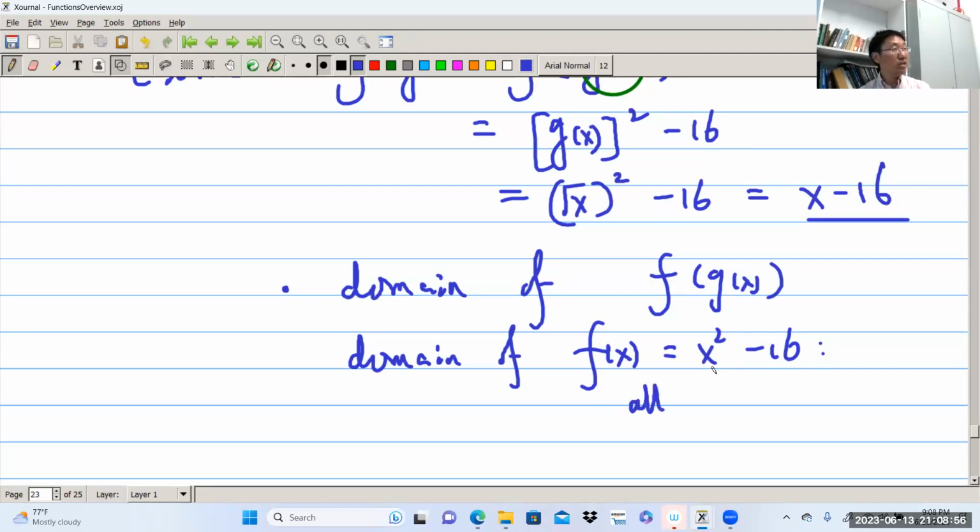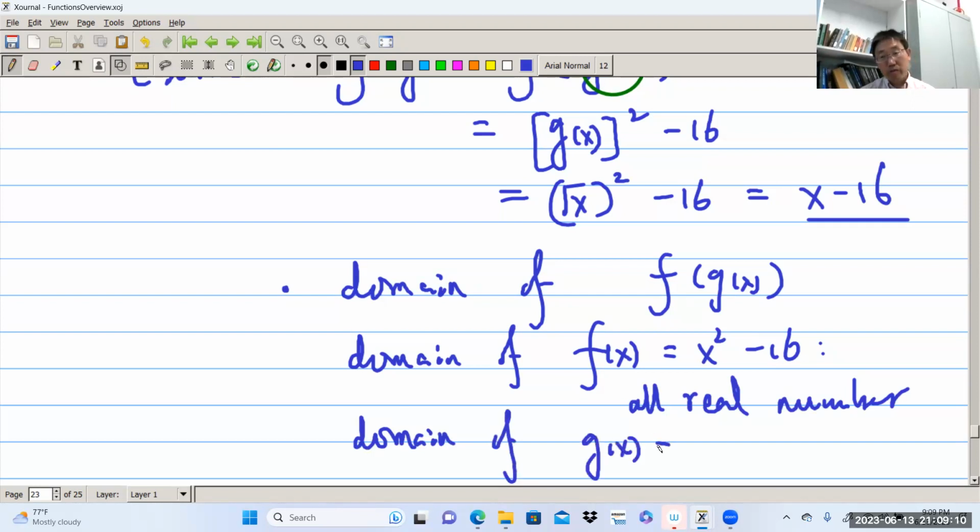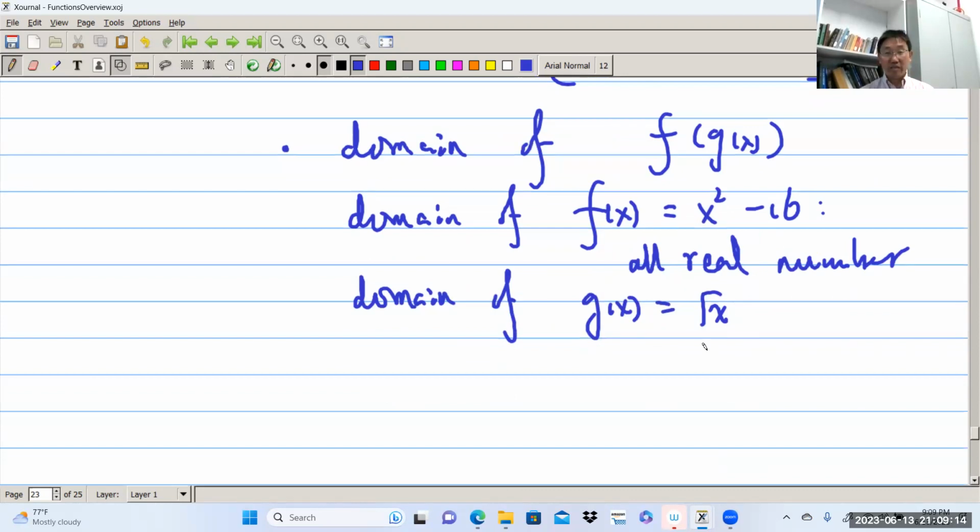X can be all real numbers. This is okay, right? For f, all real numbers, because x squared minus 16. But what's the domain of g? What's the domain of g? Yeah, x should be greater or equal to 0, or non-negative numbers.